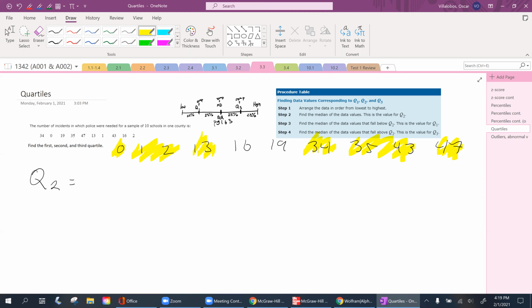We said that if there was just one value in the middle, that would be my median, but here I have two values. So what does that mean? I need to find the mean of those two values: one value plus the other value divided by 2. Let's plug that in, and that gives me 17.5. So I already know that my second quartile, my Q2, is 17.5.